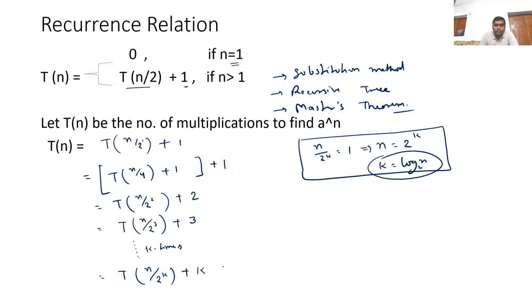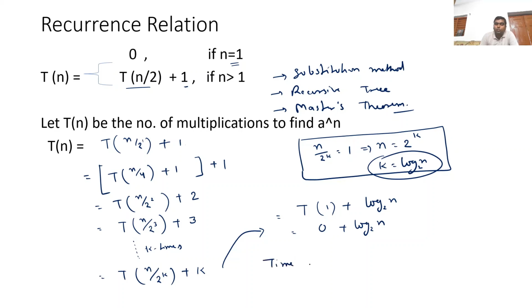Finally, substituting over here, T of 1 plus k, where k is log base 2 of n. And T of 1, where n equals 1, the value is 0, plus log of n. So finally what is the major step? The major step is log of n.